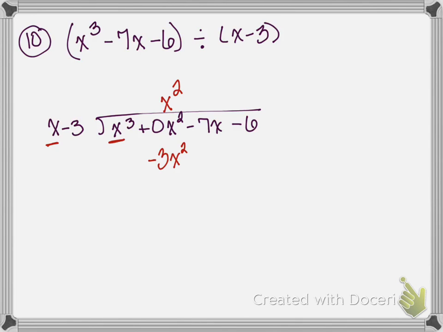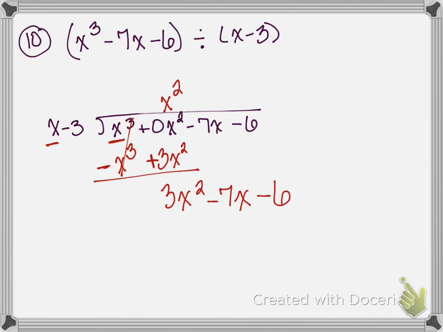X squared times x is x to the third. Now, we have to subtract these. And that's where students sometimes make their mistakes, because in synthetic division, we don't. So for here, we're subtracting. So you change the signs. My x to the thirds cancel, and I'm left with 3x squared minus 7x minus 6.